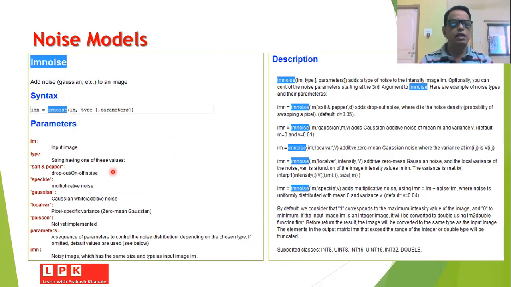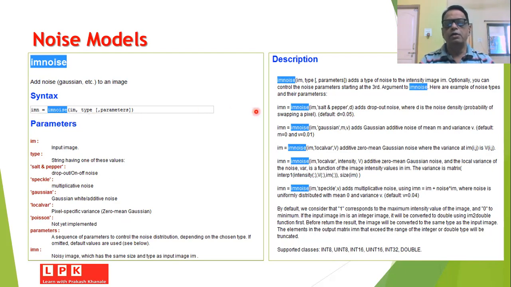For example, we can add salt and pepper, speckle, Gaussian noise, local variance where we can have a pixel-specific variance, Poisson, or we can add noise in relation with parameters. This function has the format: imn = imnoise(im, type, and then different parameters in square brackets). Here imn is the returned or output image, which will consist of noise, and im is the original image.